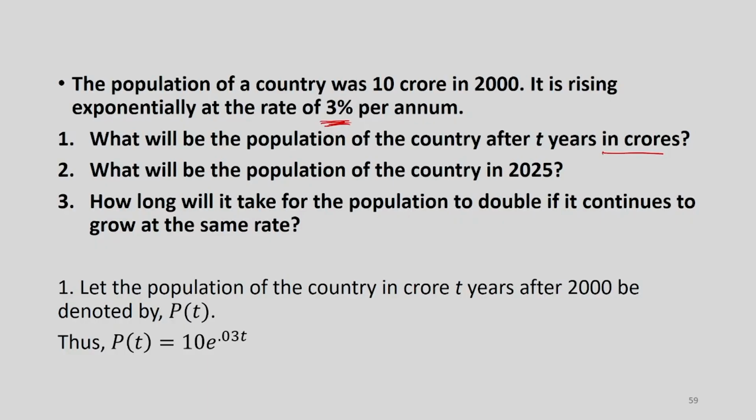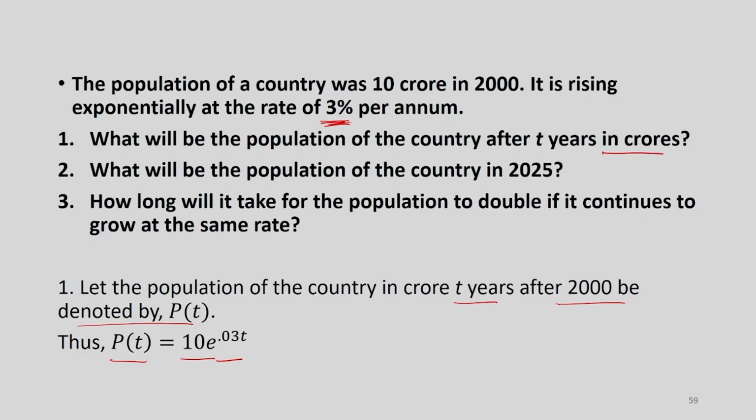Okay, let the population of the country in crore, T years, the number of years that have elapsed after 2000 be T, be denoted by P of T. Thus P of T will be 10 multiplied by e to the power 0.03 multiplied by T. So this is the simple formula.